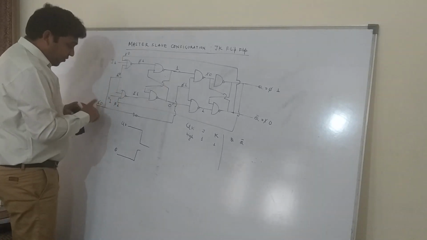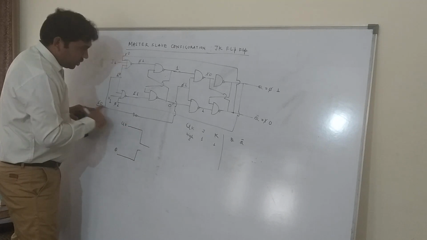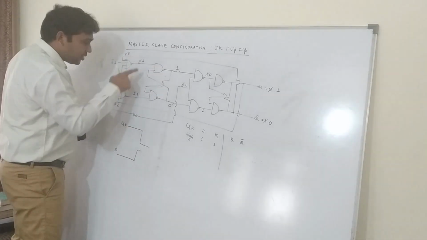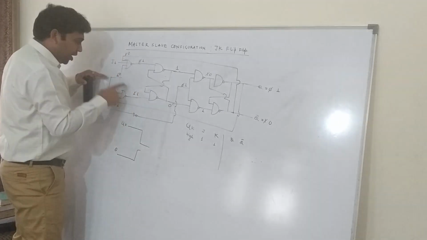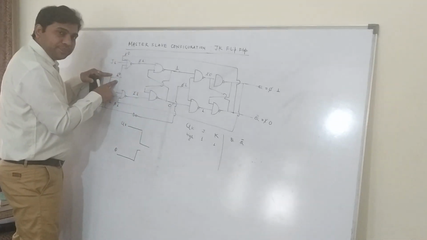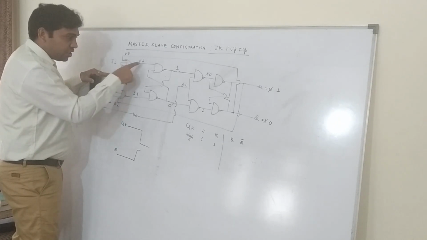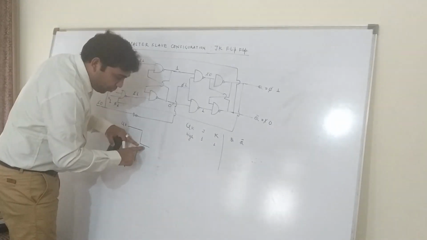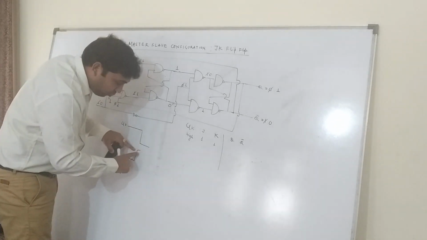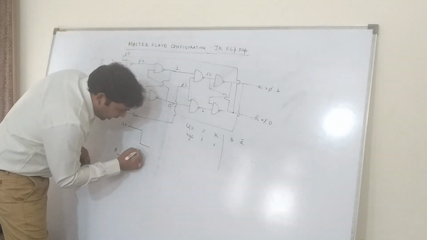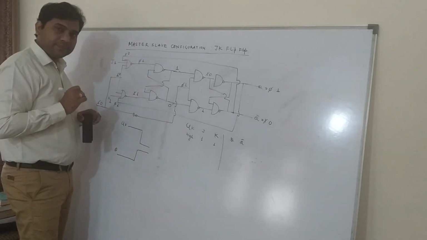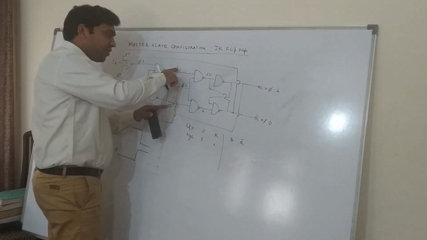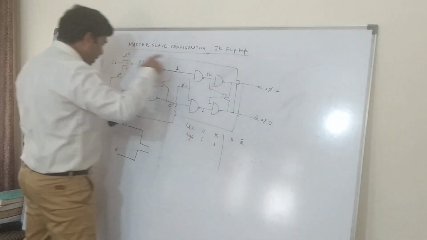But when the clock is low, this is in a memory state. It does not matter if you are changing here, this is not going to change because you have a clock 0. Because you have a clock here 0, this will remain 1 1. What does it mean? If the clock low period lasts for 5 minutes, the output will remain high. Because now these changes are not getting transferred here. They are till here only.